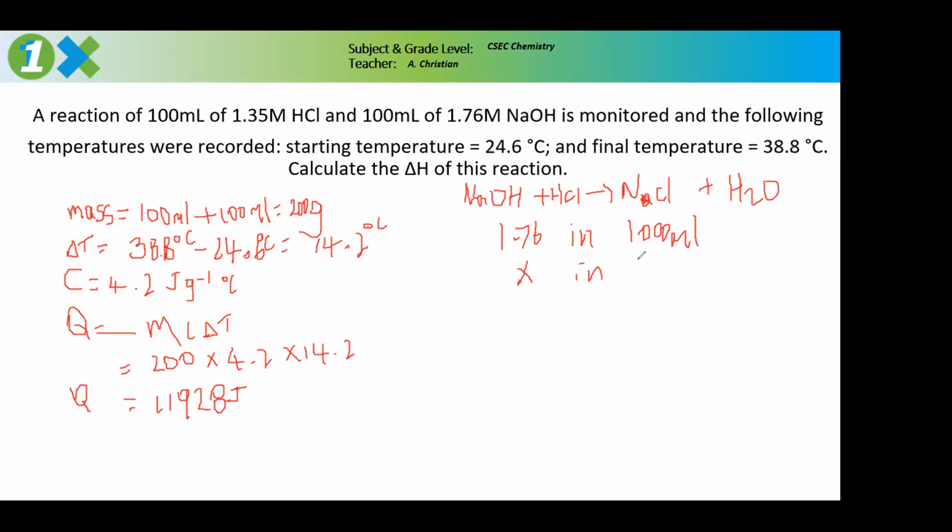Oh, volume of sodium hydroxide. 100, sir. 100, right there. So, of course, X will be equal to just dividing this by 10, so it is 0.176 mole of water.